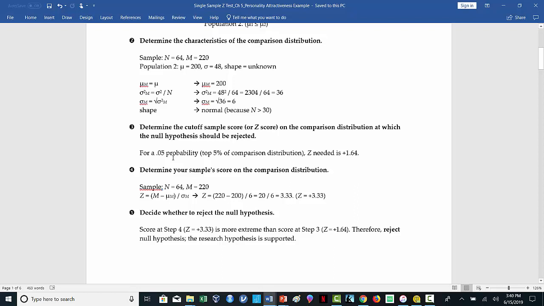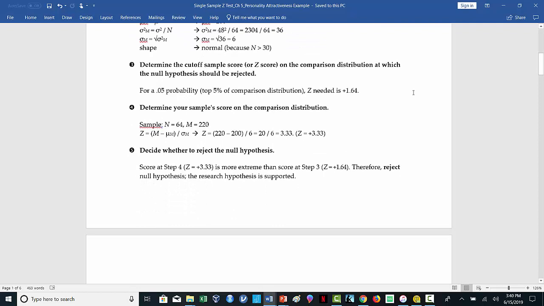For a one-tailed test, for a 0.05 p-value cutoff, 1.64 is the cutoff. So we need to see a z-score more extreme than 1.64. But what's different here, again, is we're not talking about the z-scores for the population of individuals.